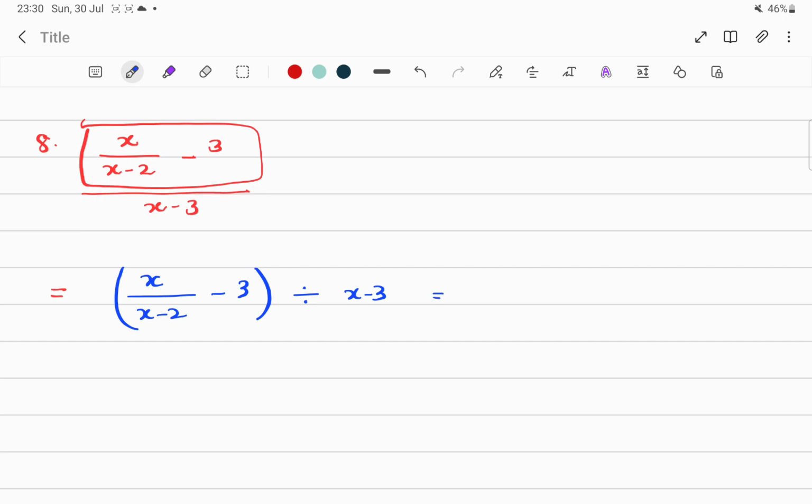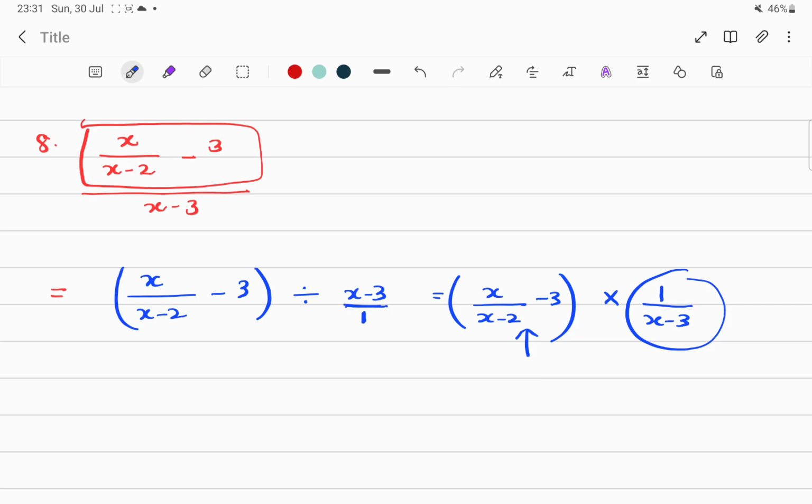And we know how to do division with the help of multiplication. So this part is the first fraction as it is. The division sign will be changed into multiplication and then the reciprocal of the next fraction. This is x minus 3 over 1 because nothing is written in the denominator, so I can write 1 and then I took the reciprocal.